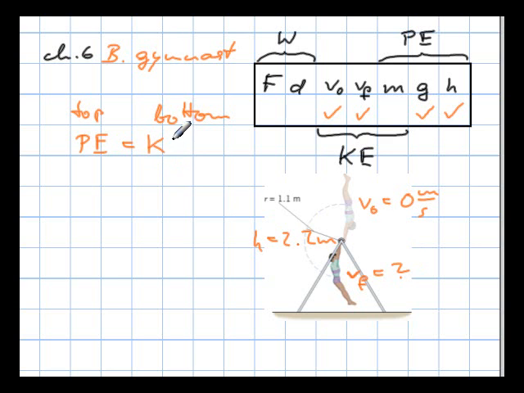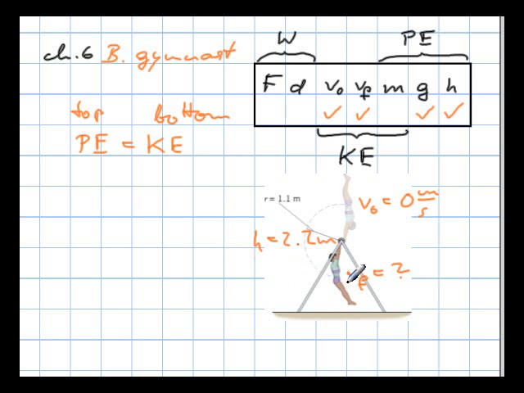And now you could argue that the gymnast is also above the floor, which means he does have potential energy, and he would notice that if he falls down here, the butt is going to hurt simply because he fell from a certain distance, from a certain height.